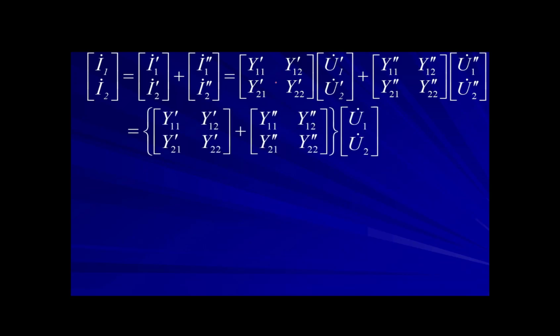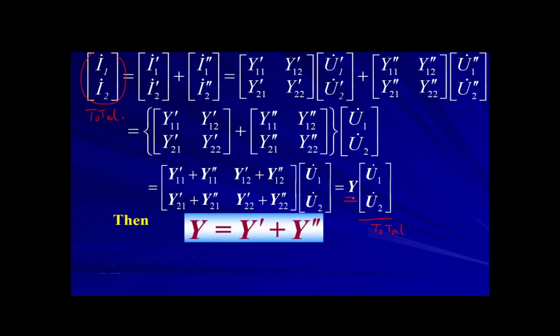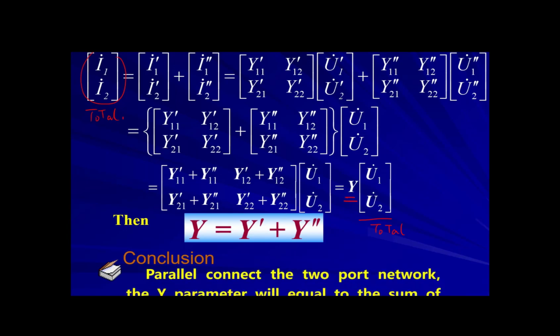So this is the total Y parameter, which will be the sum of the original Y parameters. So when two-port networks are connected in parallel, the Y parameter equals the sum of the original Y parameters. Pay attention to the two-port network parallel.